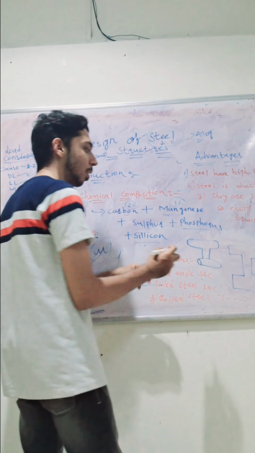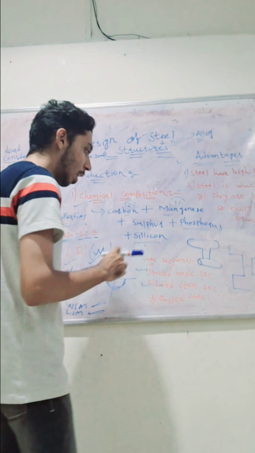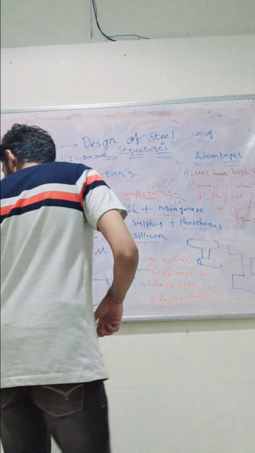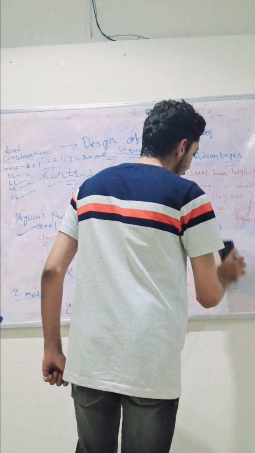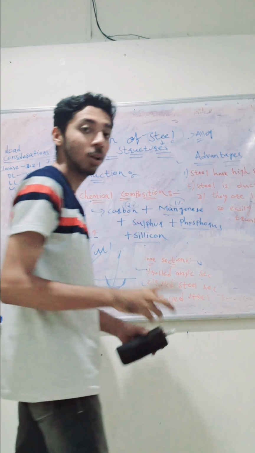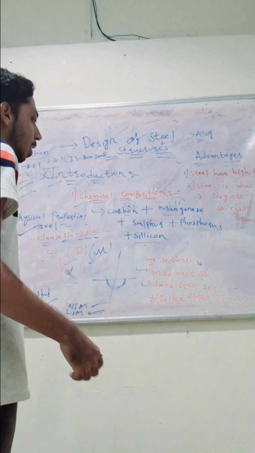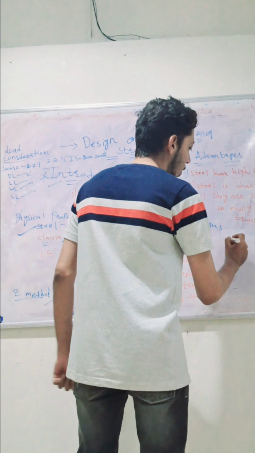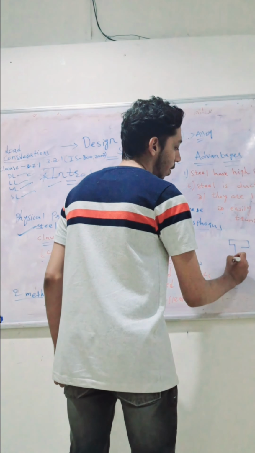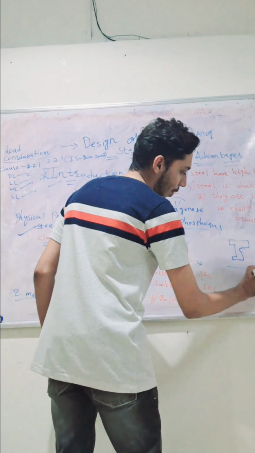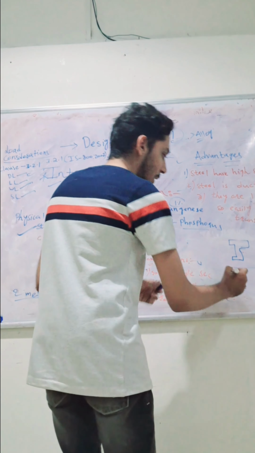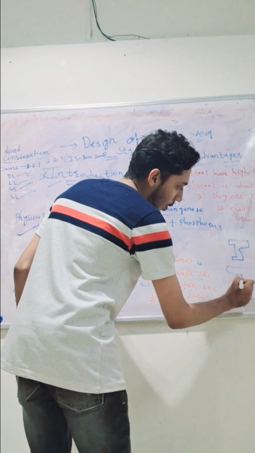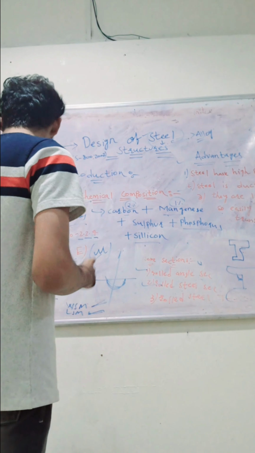That is your rolled steel sections and rolled steel T sections. Rolled steel sections are standard, with a sufficient shape like this, whereas an angle has some shape like this. We will solve the problems while doing it.